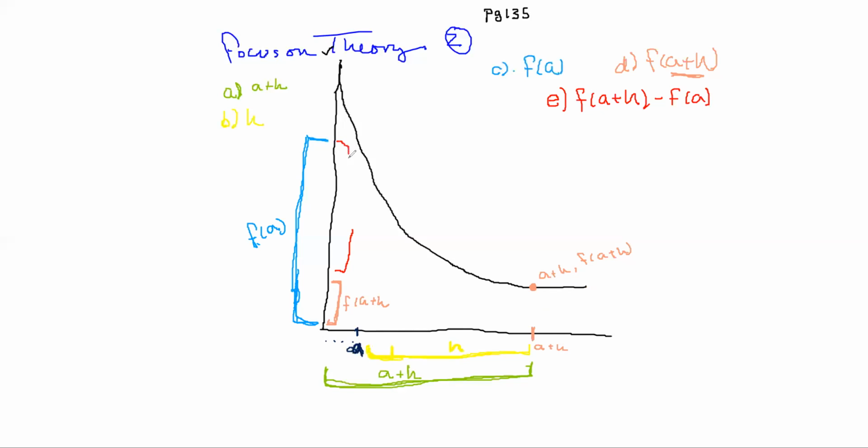This area that's the difference between f of A plus h and f of A. So I'm going to extrapolate this out a little bit. So it's going to look like this.